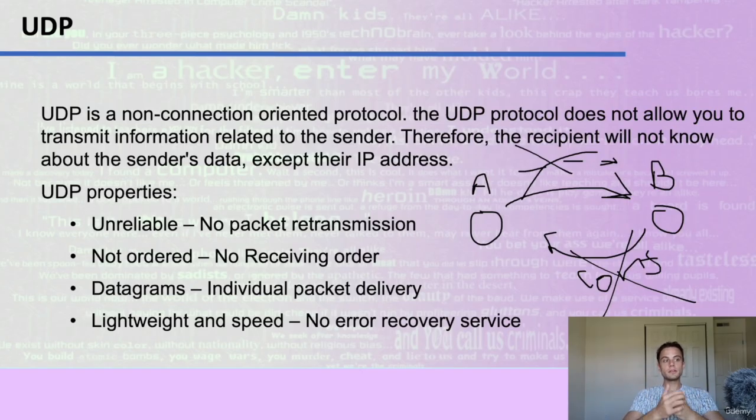Also, UDP is not ordered, which means that when we send messages, we don't necessarily receive the first sent message first, and so on. Also, the datagrams mean that the integrity of the packet delivery is done individually for each packet.